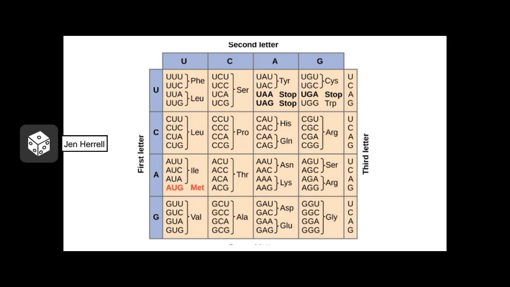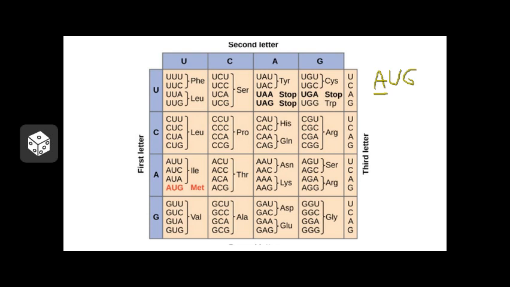Now, cells are able to decode the codons all by themselves, but how do we know which amino acids each codon stands for? Well, for that, we're going to use a handy-dandy chart. Let's say, for instance, that we have our first codon, AUG, and we want to know what amino acid that's going to translate into. To use this chart, I'm going to find my first letter A on the left-hand side of the chart.